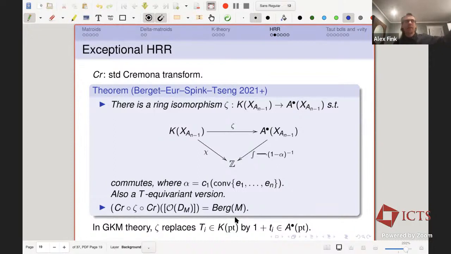Hirzebruch-Riemann-Roch does not. It just turns the polytope into its normal fan. But this thing does, up to twisting by the standard Cremona transform. This isomorphism actually sends the matroid polytope to its Bergman fan. I think one way to think about this result is that it says the Bergman fan is actually natural.